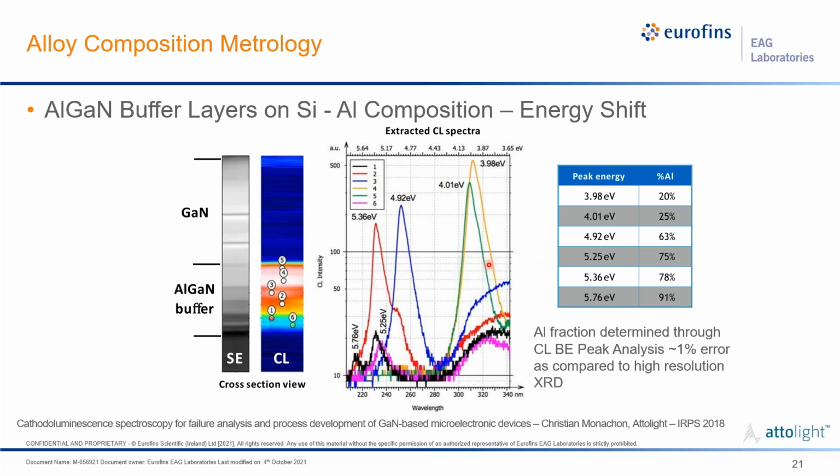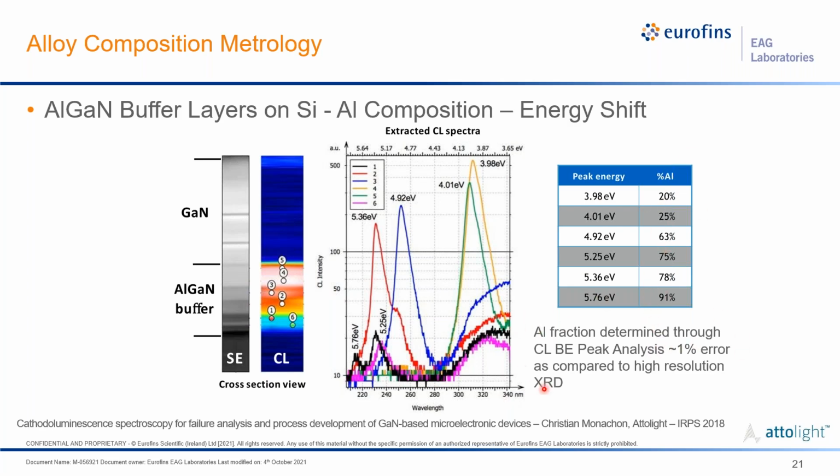So getting into looking at alloy composition metrology, this is an example of showing SEM-CL of a GaN on silicon structure with a variety of AlGaN buffer layers. From extracting spectra from each of these points here, we can see we have very different band edge emissions, and then we can correlate these peak energies to the aluminum composition.